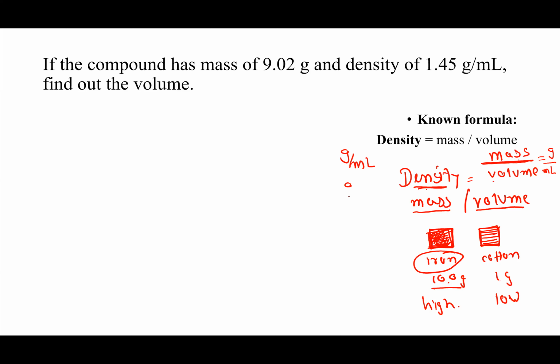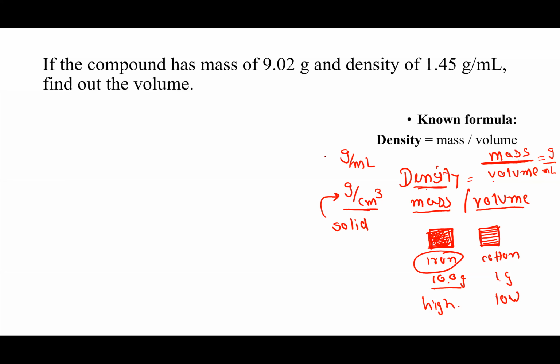It also can be gram per centimeter cube. Centimeter cube is another way to measure the volume. You are going to learn this more in detail in the lecture, but this is what you can keep in mind. If you are measuring the density of any solid, in general, we use gram per centimeter cube as a unit.